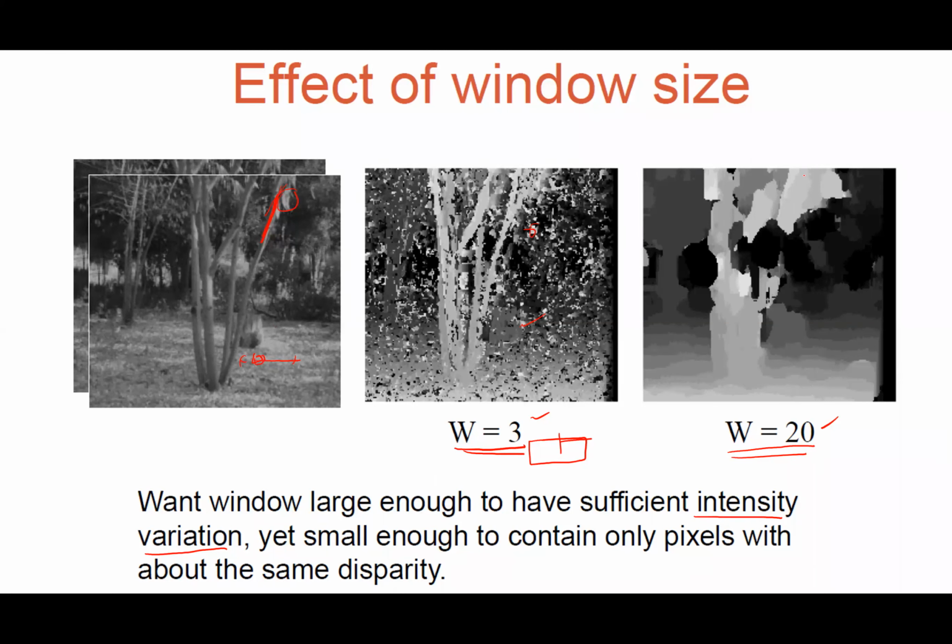That's why you would see patches here, rather than finer variations. And this is an extreme of finer variations where you have too many spurious things, because it is not able to have sufficient intensity variations within that block, and this is clubbing too many things into a single block. Hope that is clear.